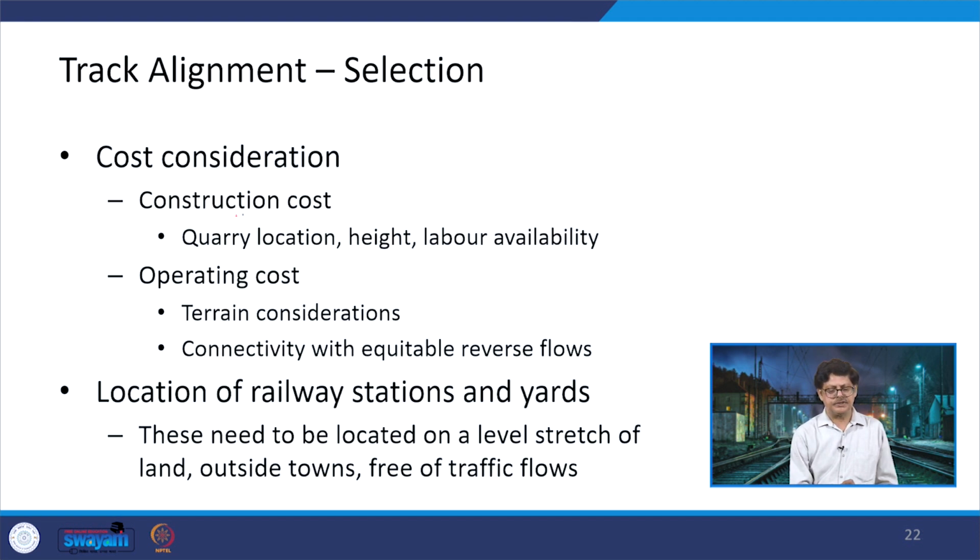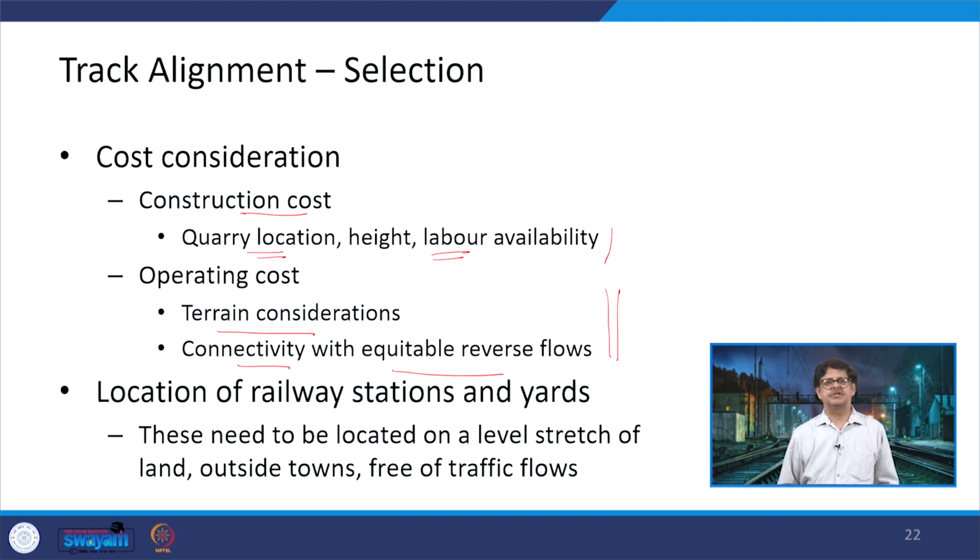Cost considerations, construction cost we have talked, but the material from where it is coming, the labor which is going to be available locally or it is to be brought from somewhere else is an important aspect. Operating cost, terrain considerations, connectivity with equitable reverse flows. So, these are few of the points, the economic considerations point of view, they are usually looked at.